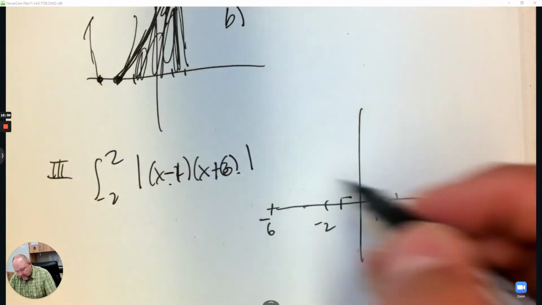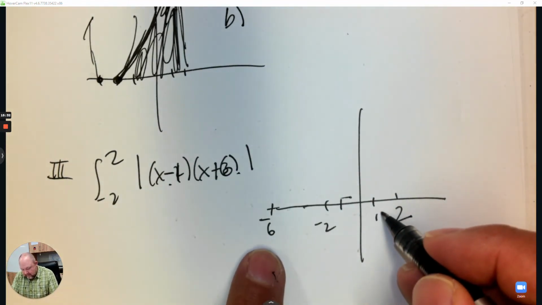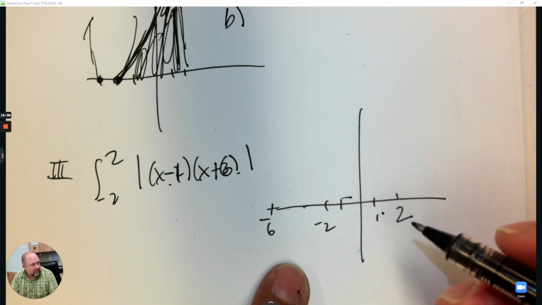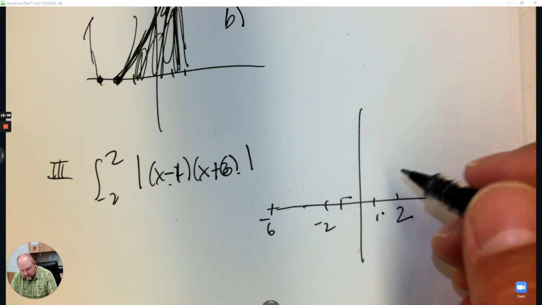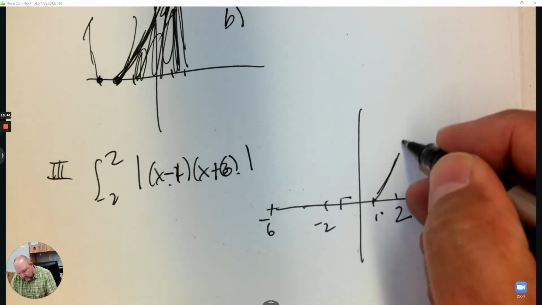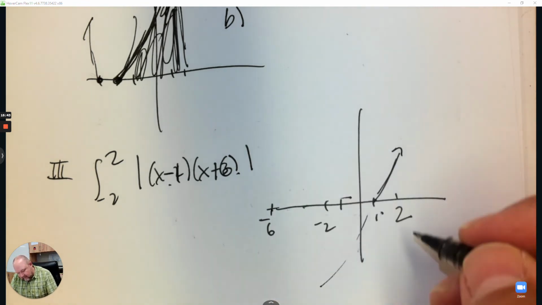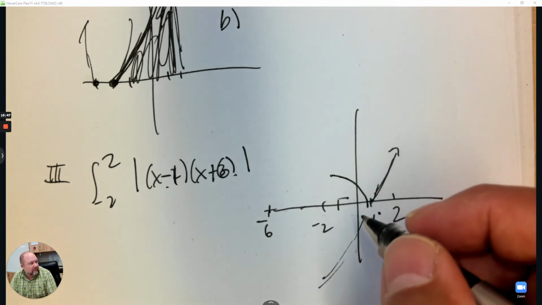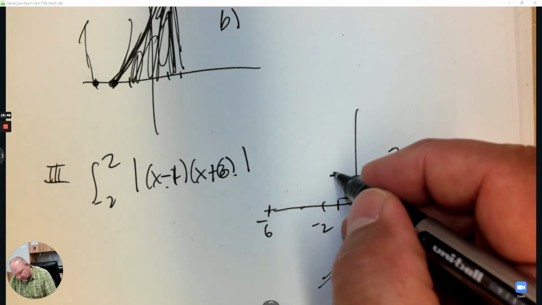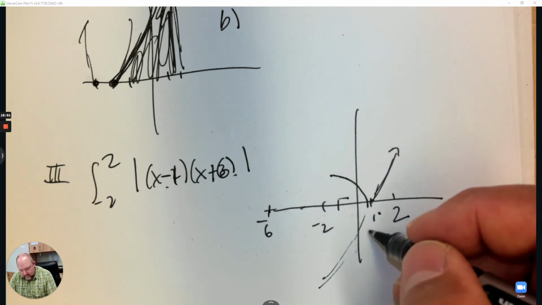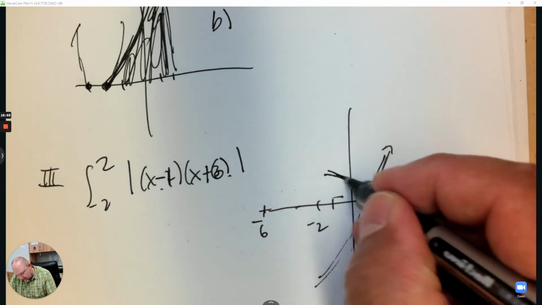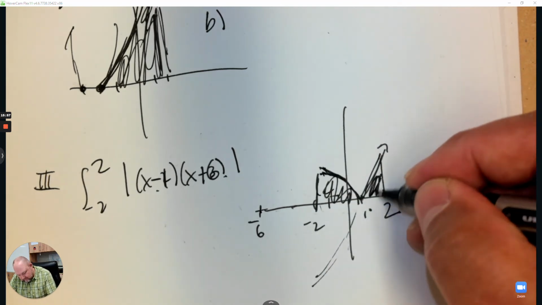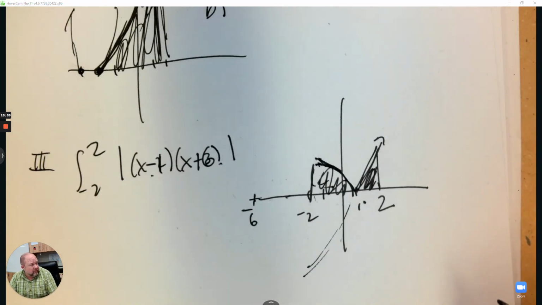So between positive 1 and negative 6, in the middle, this part would actually go underneath here. And so the part that goes underneath is now going to come up. So from negative 2 to positive 2, this is what it would look like in terms of being curved.